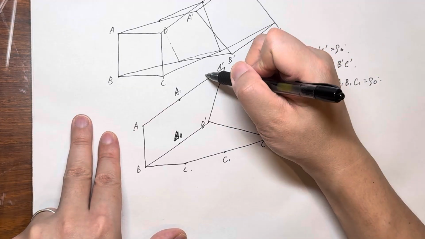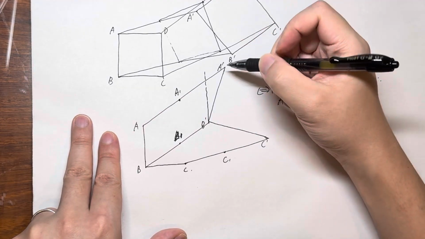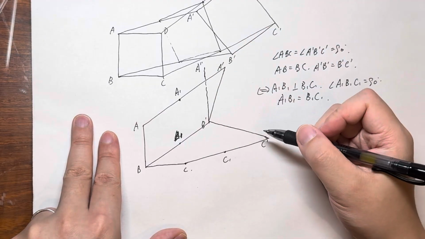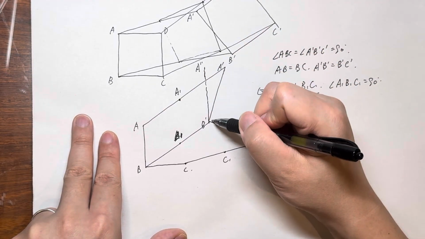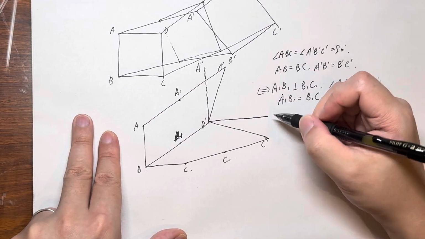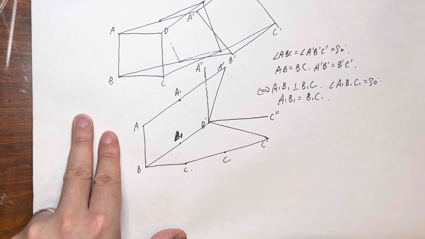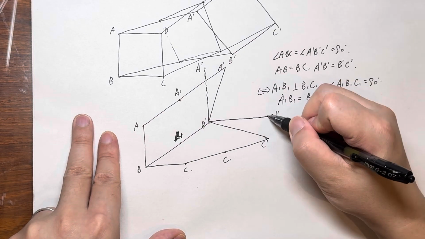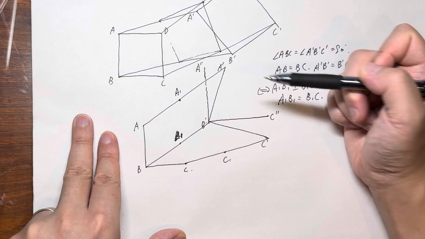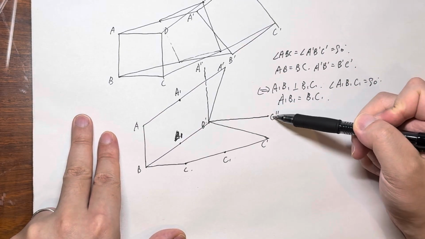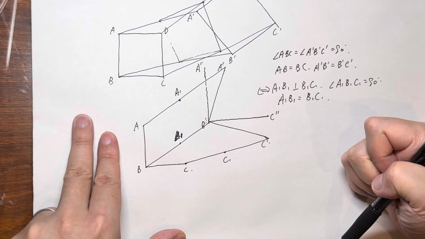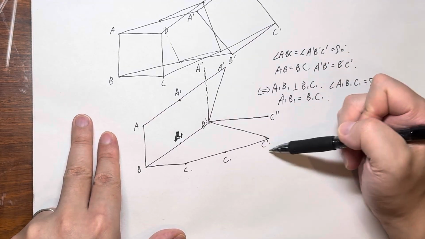But for this one, we can simply make here B prime A double prime, and here we form B prime C double prime, okay? Where B prime A double prime equals B prime A prime, and B prime C double prime equals B prime C prime, right? And we already know that B prime A prime equals B prime C prime.